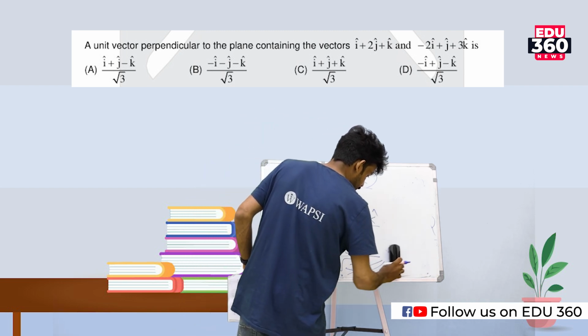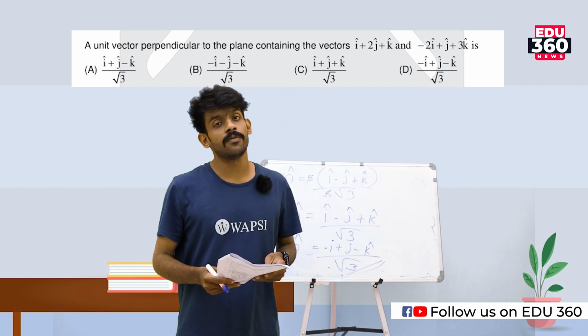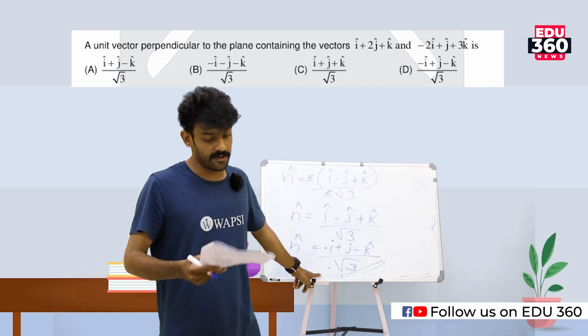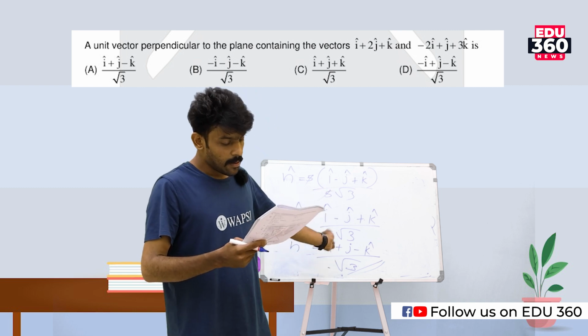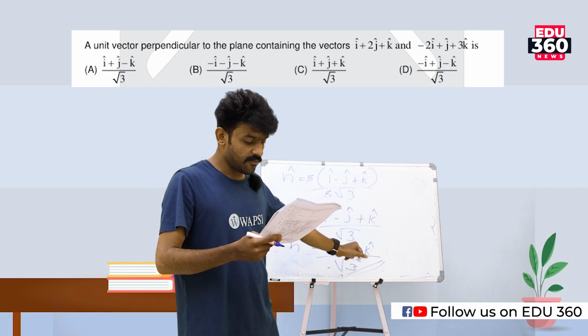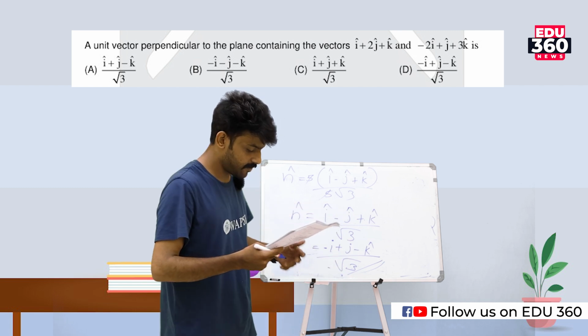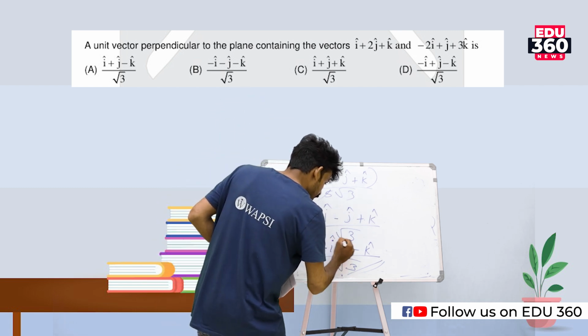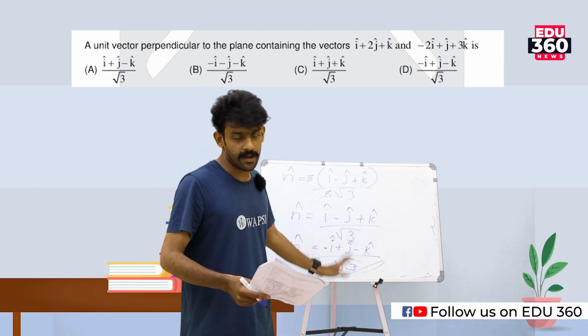Option D is the correct answer. Here it is i cap, j cap and k cap. Now it's correct.